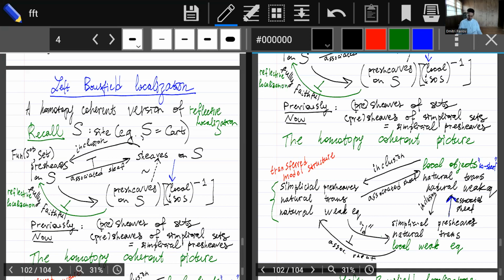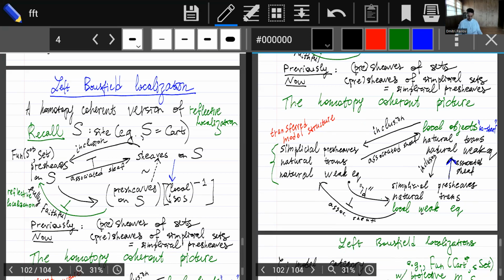We saw that this is an equivalence of categories, and here we have an inclusion of categories. So the associated sheaf functor is really what you apply here, and then you take this composition. So this functor is induced by the associated sheaf functor, but really it's just modeling the inclusion of sheaves into presheaves.